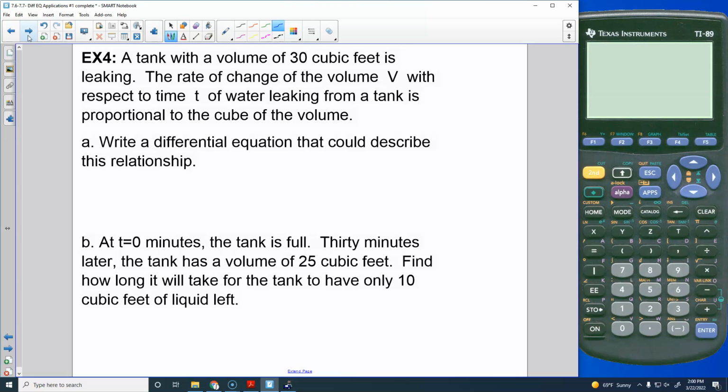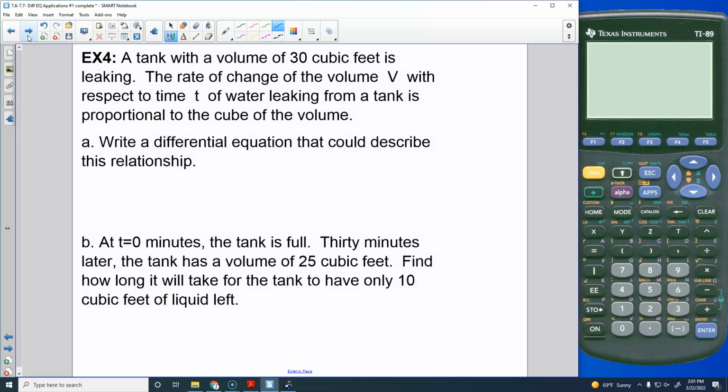So here we go. Okay, a tank with a volume of 30 cubic feet is leaking.